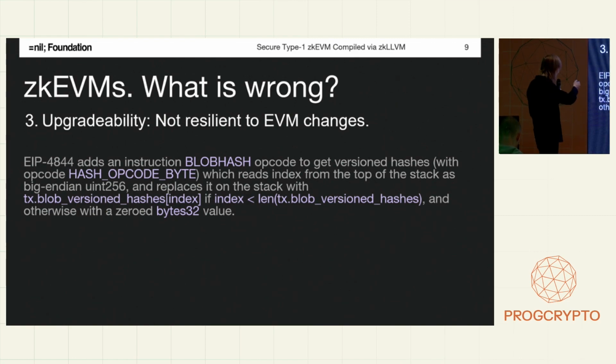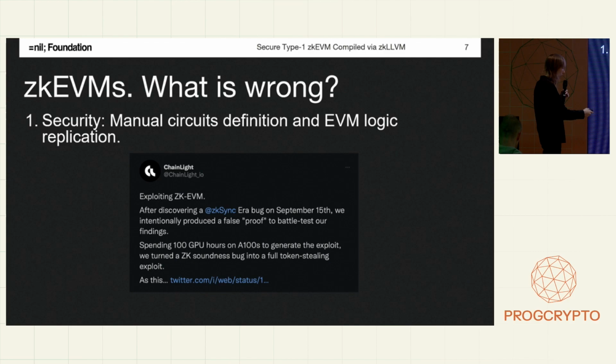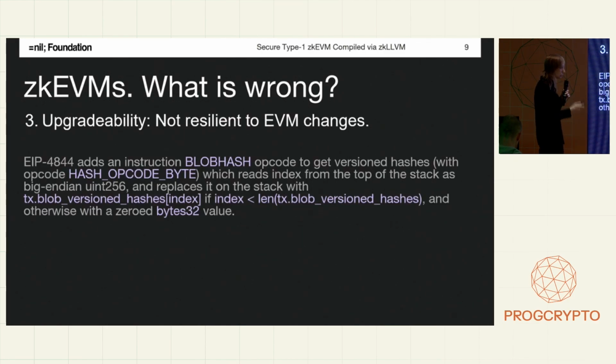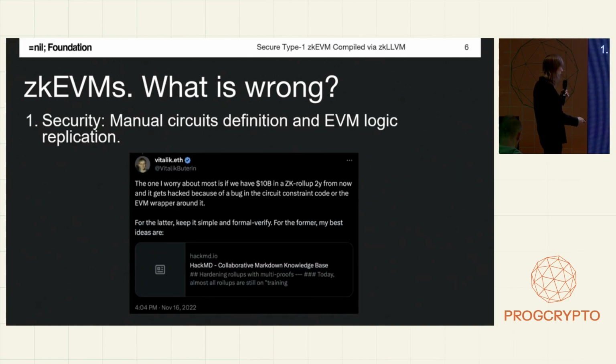When a long-awaited EIP adds a new opcode, you will be required to redo the circuit, maybe not all of it, but to add something in there. Definitely re-audit it, definitely redeploy it, and do the whole thing again. Several iterations, and this concern will stay valid.